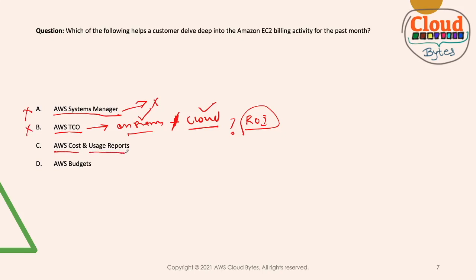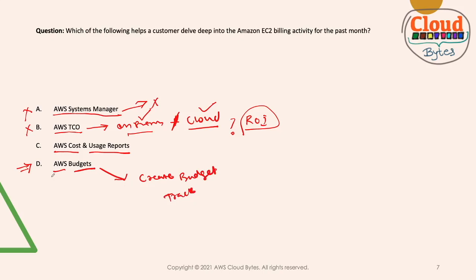AWS cost and usage report and AWS budgets. AWS budgets is something you might be doing on a monthly basis. You create a budget and then you track it, right?